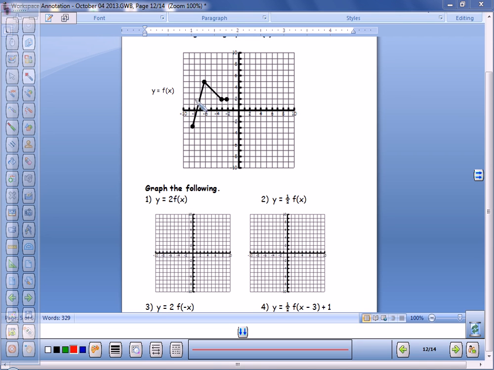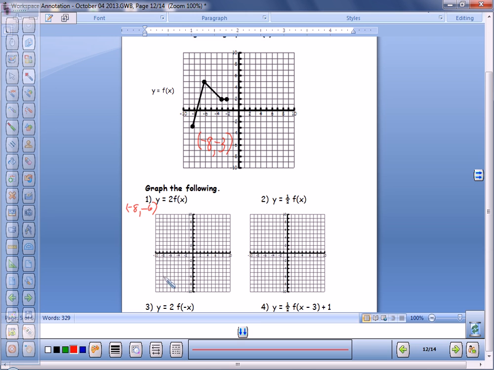On this type of problem, when I give you my made-up function, this is the same one we've seen a couple days, and I ask you to do 2 times f of x, well, we know that f of x means y, so this tells me I'm doubling the y's. If we look at this point, -8, -3, if we double the y, do you see that the point -8, -6 should be on this graph?